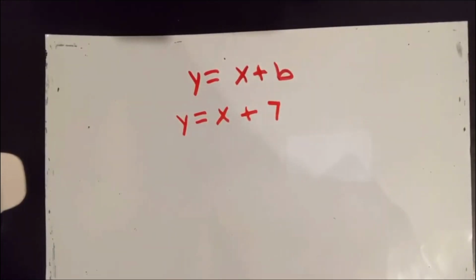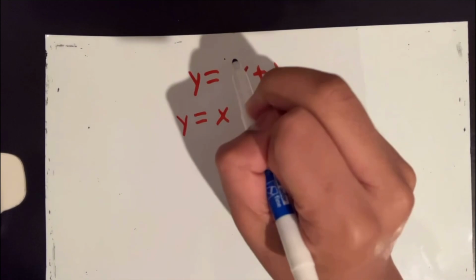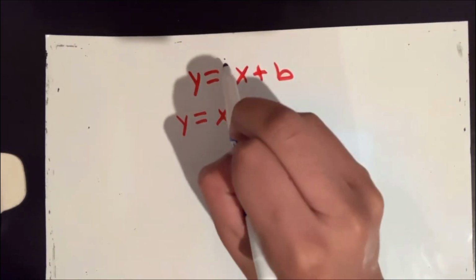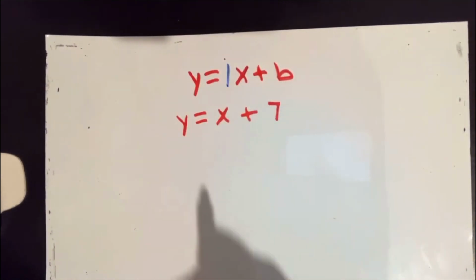Our next equation is y equals x plus b. You might notice that our variable m for slope is missing. Well, if you hadn't learned already, variables like x have an invisible 1 in front of them.